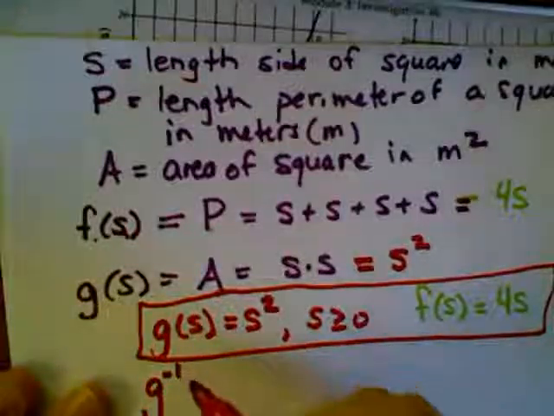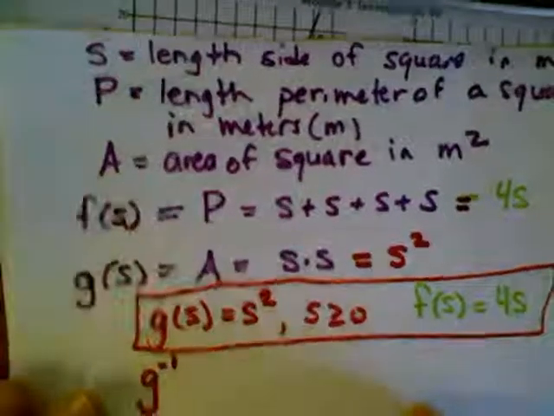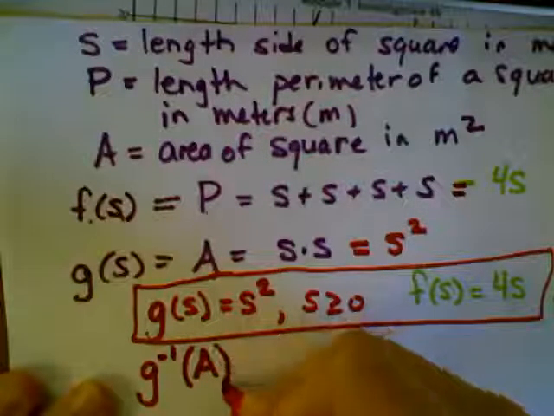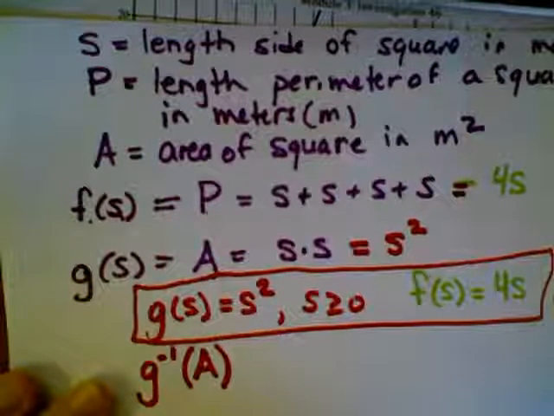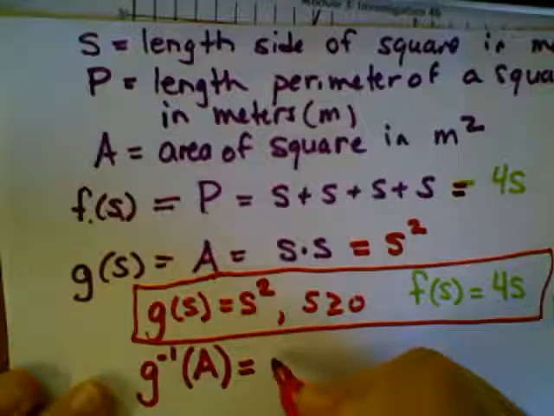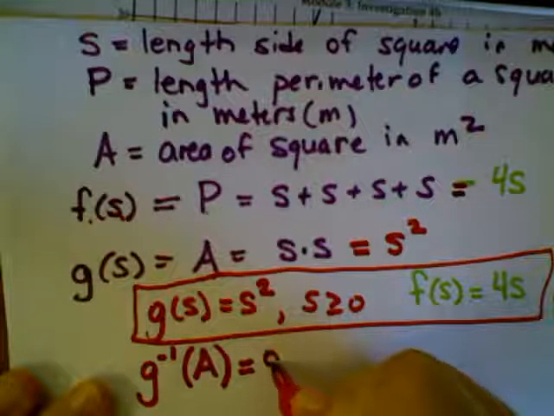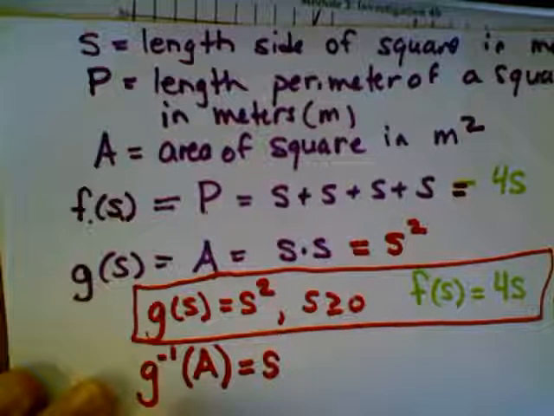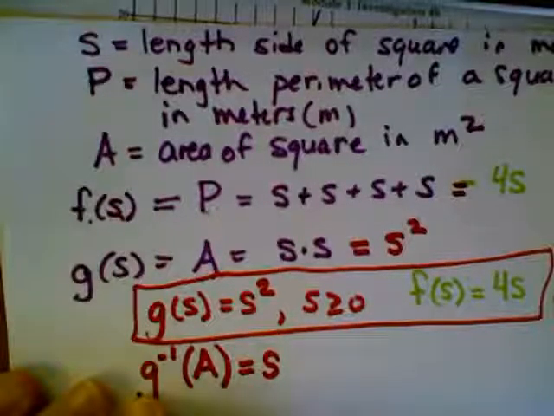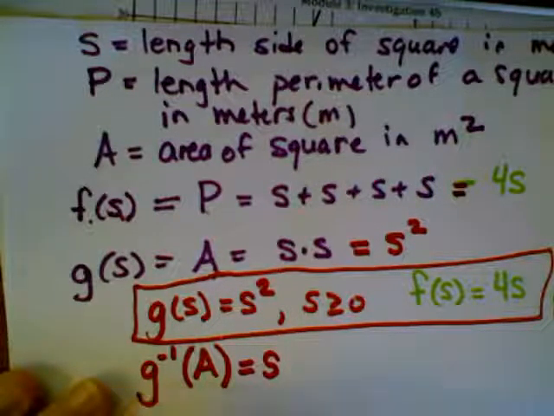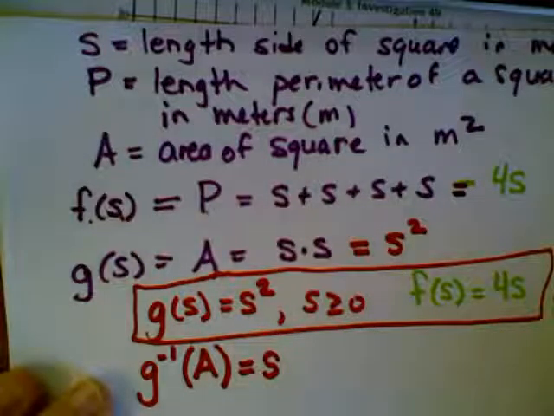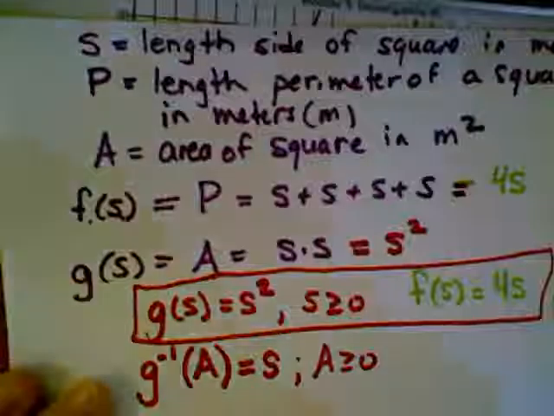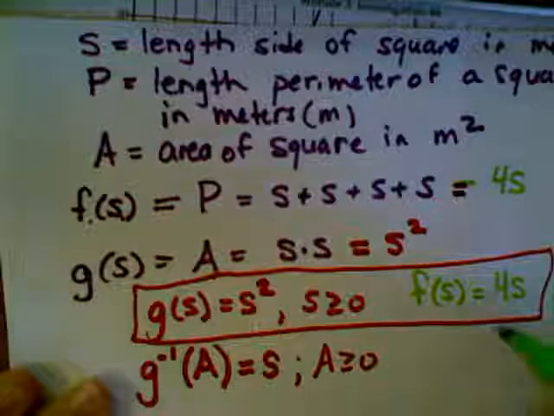When we talk about the inverse rule of g, the input quantity would have to be the area of the square, and the rule would need to get us back to the side length. Then we could compose f and g inverse. Of note, area would end up being a non-negative quantity.